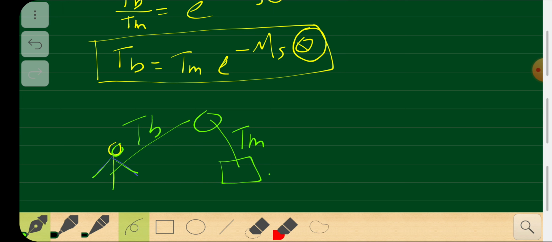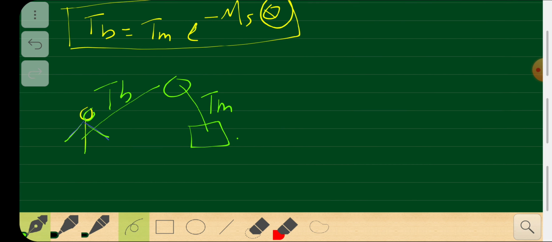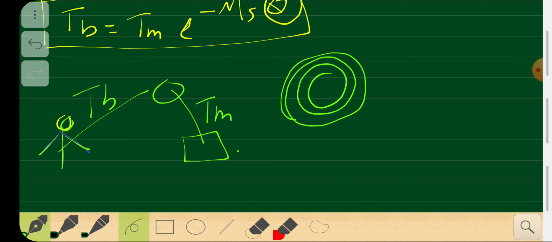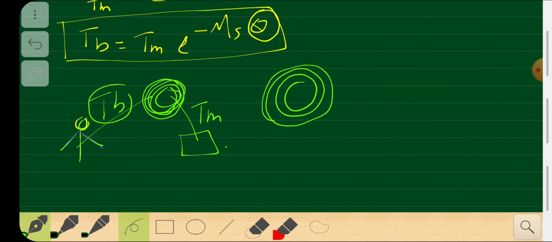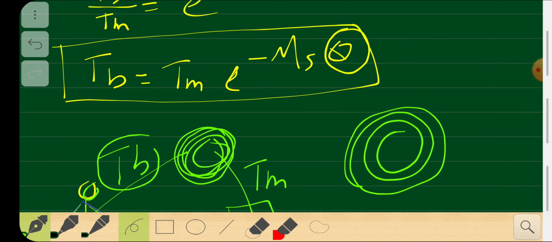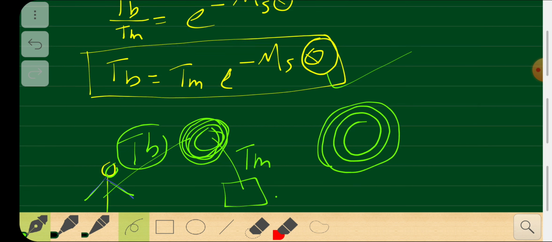The tension in that string decreases when you increase the rolling, the rotating of the rope around the pole. If you rotate the rope around the pole more, the tension Tb will decrease exponentially. That's what it says. So this is the most suitable and easiest correlation between the tension in these two systems, right? How can you hold the weight?